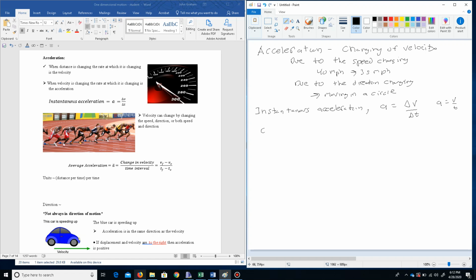And then you also have what's called the average acceleration, which we'll label as A with a bar above it, which is equal to your final velocity minus your initial velocity over your final time minus your initial time, which is usually going to be 0. So we can say that this is the final velocity minus initial velocity over a change in time.